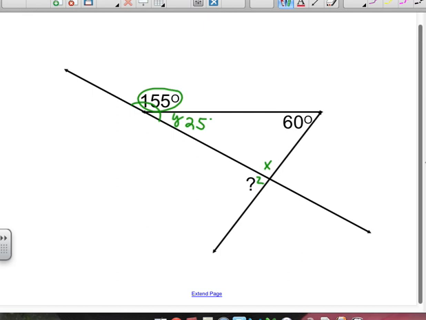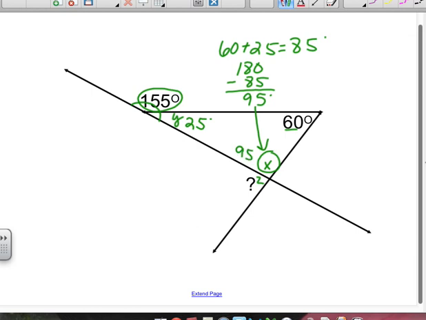So now, if Y is 25 and I've got this 60, now inside my triangle I know that I have 85 degrees. But I know all three of them added up equals 180. Take off the 85 that I know, and that leaves me with 95 degrees as the measure of X.